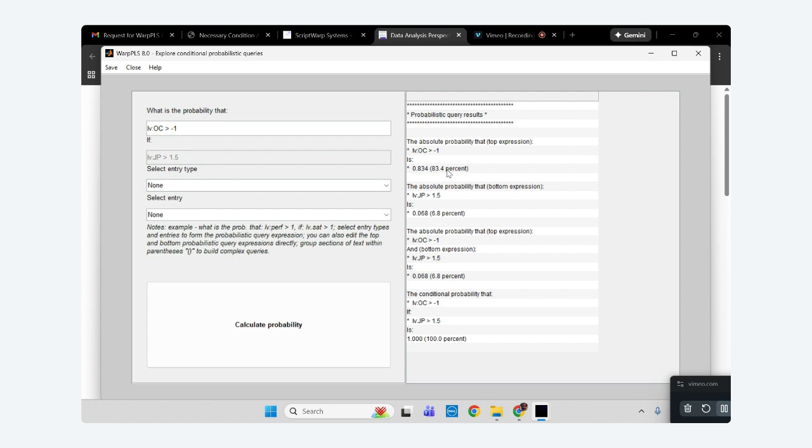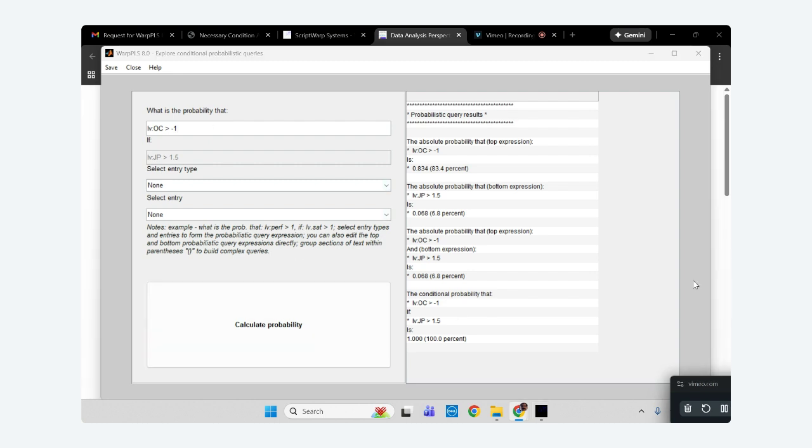So OC cannot be too low for JP to be very high. So in other words, for JP to be at the top 6.8% job performance, and typically one would want to maximize job performance, it's necessary that OC not be too low, not at the bottom 16.6%. So that's a necessary condition analysis.